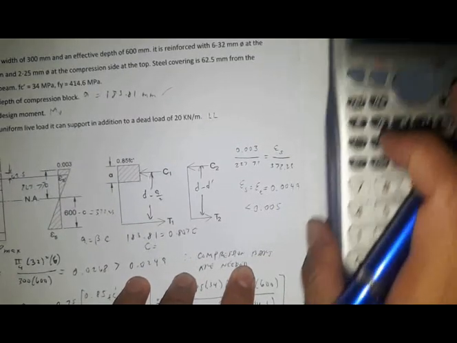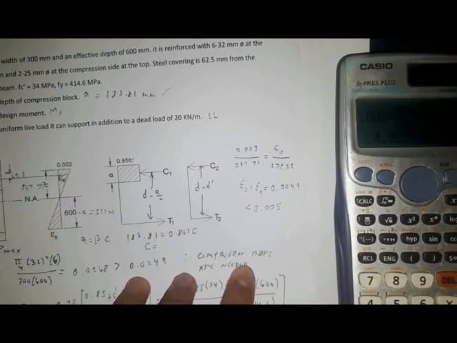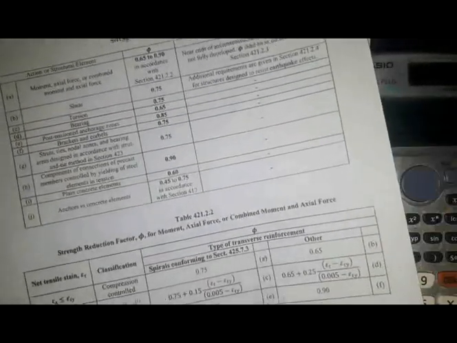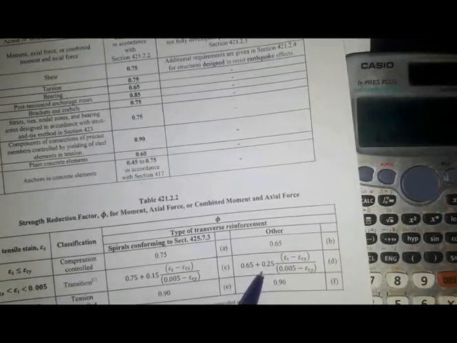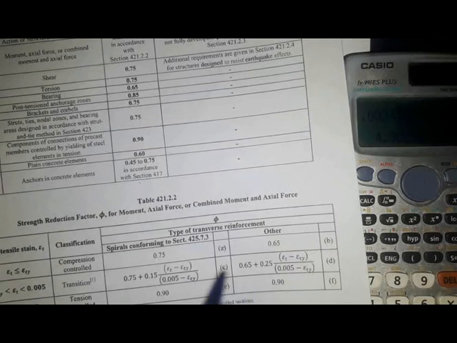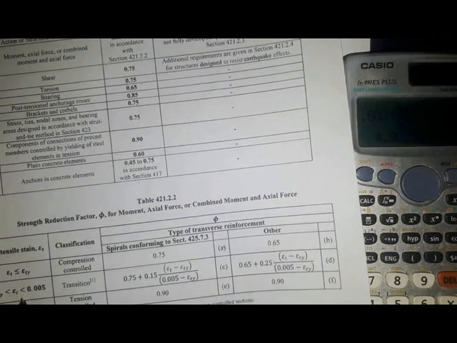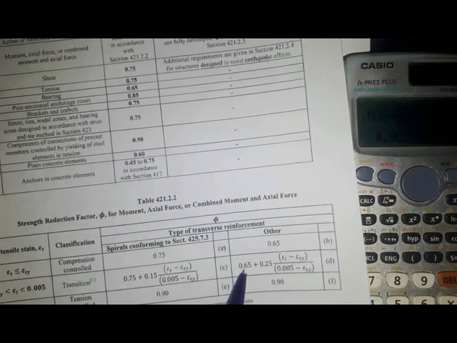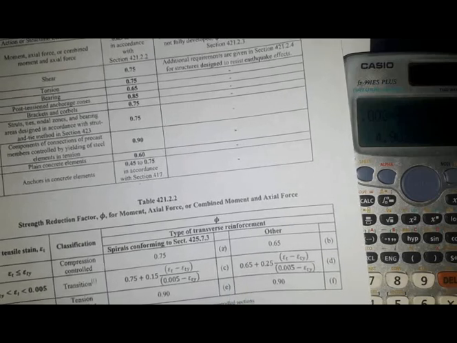Since this is lesser than 0.005, where does it fall? It is in the transition zone, so this is the strength reduction factor we will use.